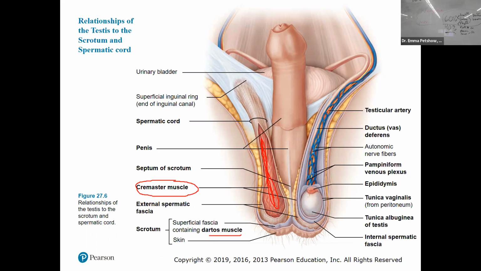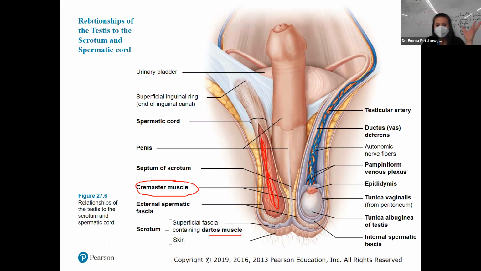If you do an exam where you stroke your finger up the inner thigh, you can see the cremaster, it'll be a reflex contraction that moves the testes upward. And that's how you can tell if it's working appropriately. It would count as a skeletal muscle, but it has action more like a smooth muscle in that you're not voluntarily controlling it.